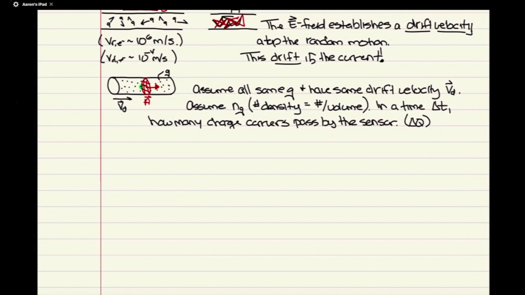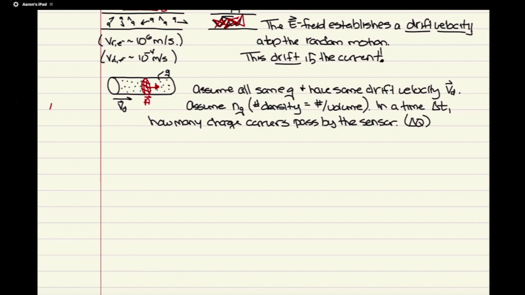This, for example, might be immediately logged as soon as I start the clock. And then a little bit of time later, these might get logged, then these, etc., until a given amount of time delta t has passed.